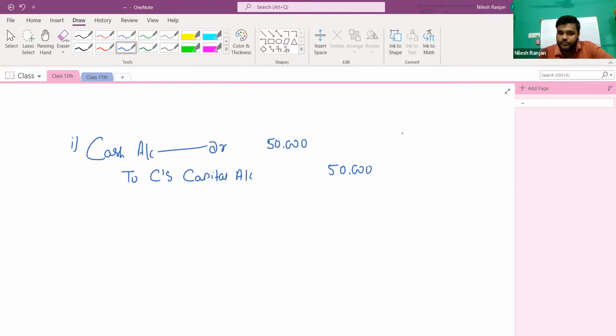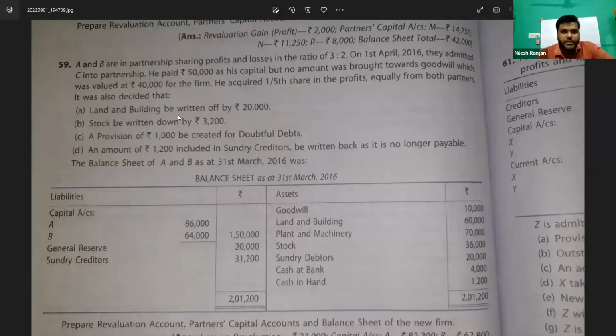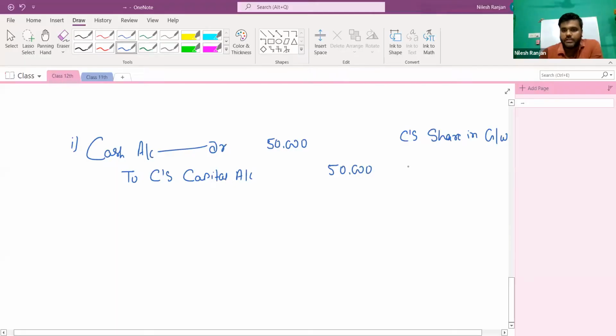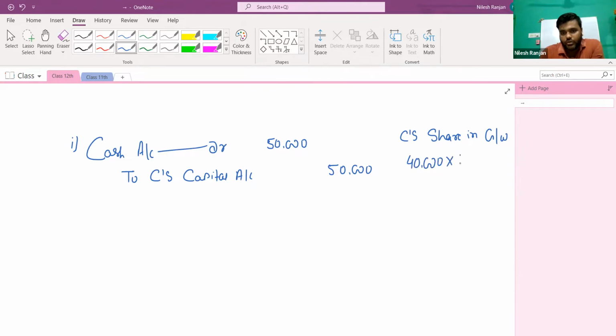C's share in goodwill: he is getting 1/5 share in profit, and the firm goodwill is 40,000 and his share is 1/5. So the share of goodwill will be 8,000.